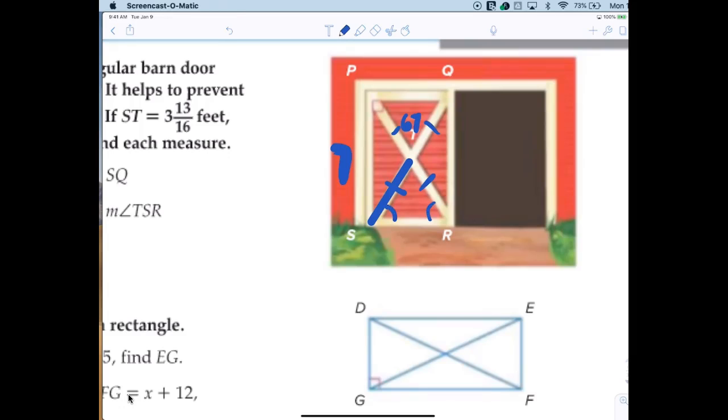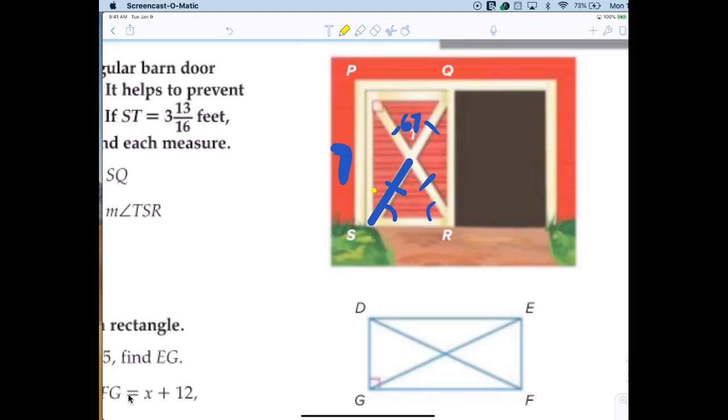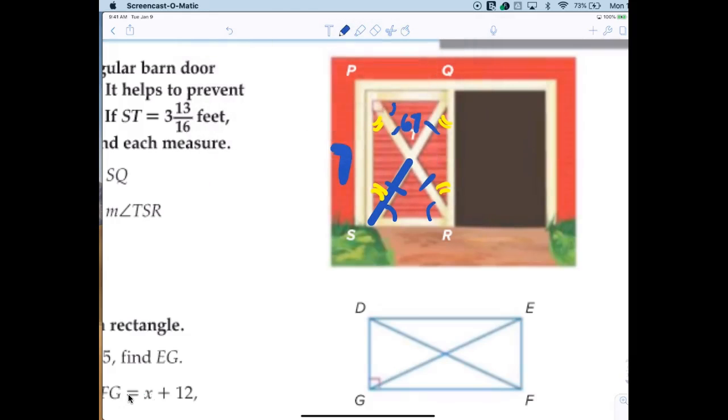They are congruent. Everybody good with that? And then what's true about these angles here? And then, of course, these are congruent over here, and the same is true with this angle here and this angle there. I think that's pretty obvious.